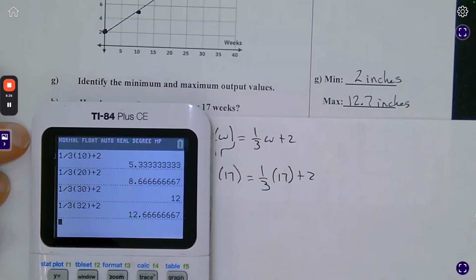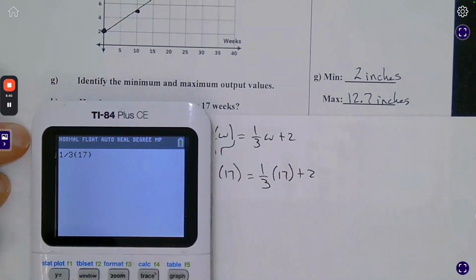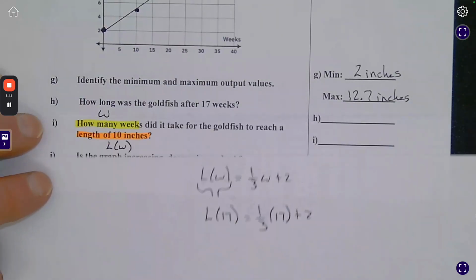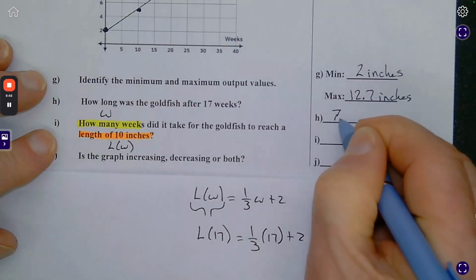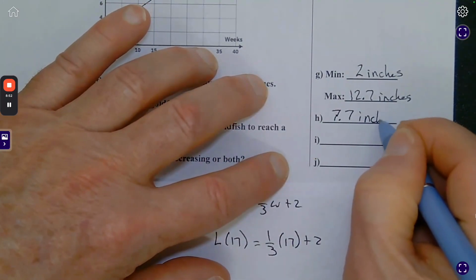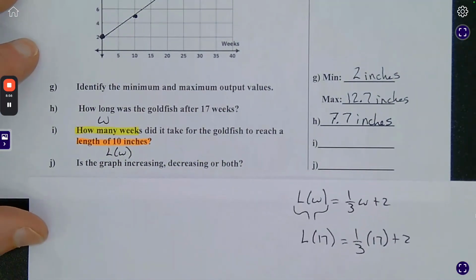Calculator. That's 1 divided by 3. And that's 7.7. Don't forget your unit of measurement. 7.7 inches. Now we're going to go back to this one.